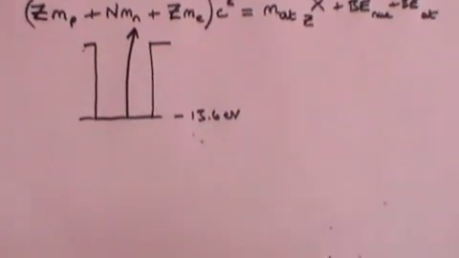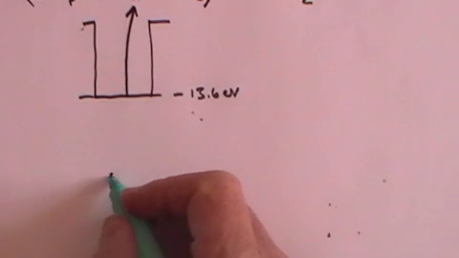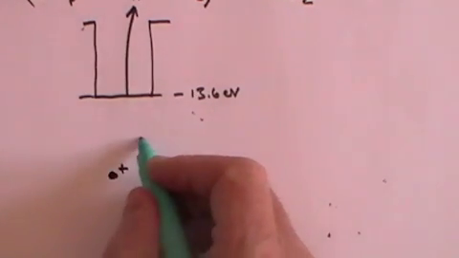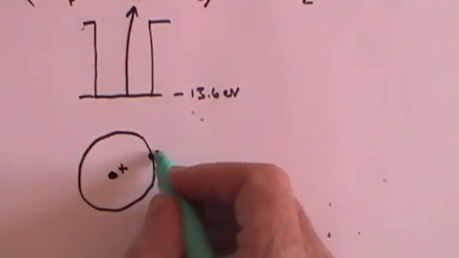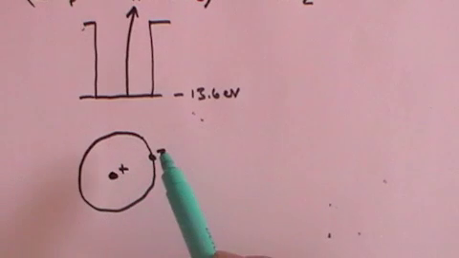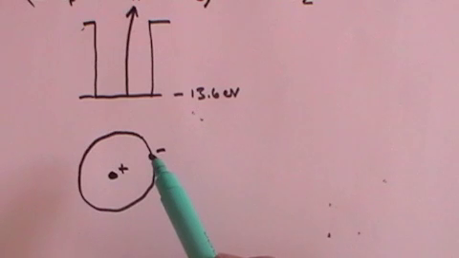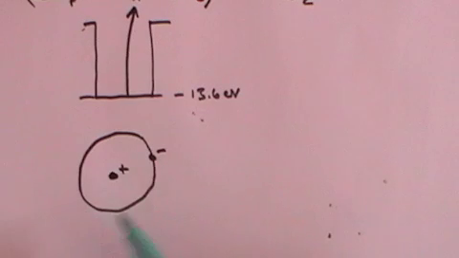This is, of course, nothing more than the photoelectric effect. Here is the hydrogen atom. It's got one proton. It's got one orbiting electron. The positive and the minus charges are attracting, and that means that the electron is bound to the atom, and it is bound by 13.6 electron volts. You have to provide that to get it out.